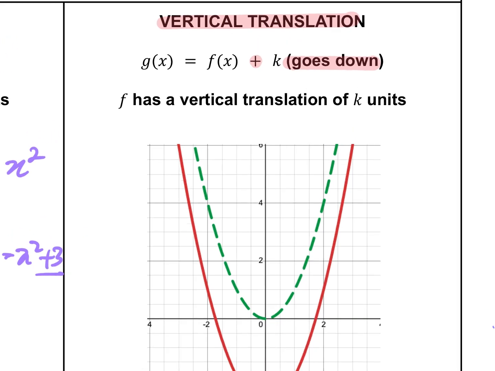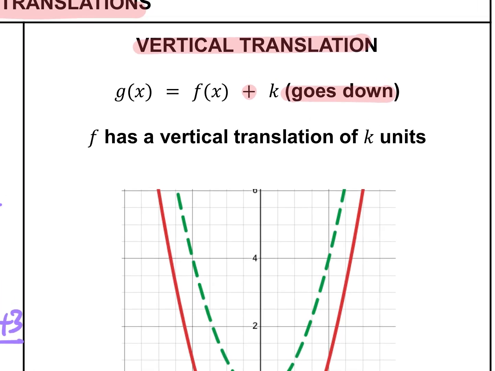For example, let's say it's x² + (-2). If you simplify this further, a positive multiplied by a negative gives you a negative, so it's going to go down by 2 units. That negative sign tells you it's going to have a vertical translation of k units down.